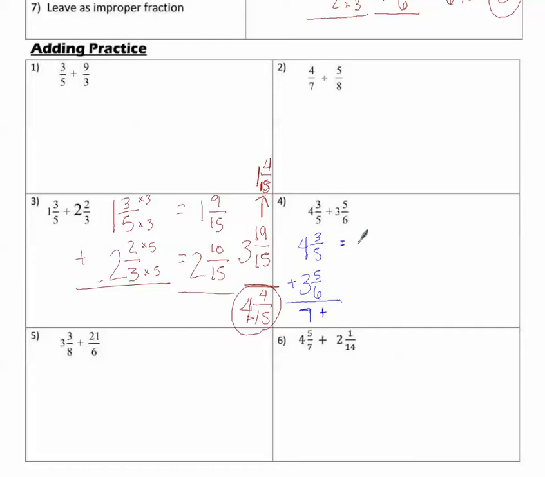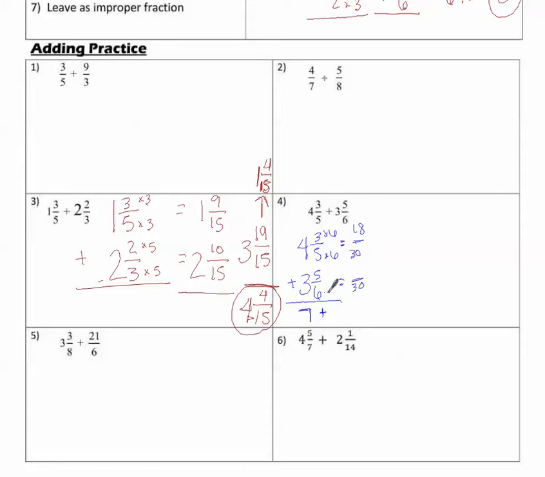And your common denominator between 5 and 6 is 30. To go from 5 to 30, you multiply times 6. Whatever you do to the bottom, you do to the top. 3 times 6 is 18.